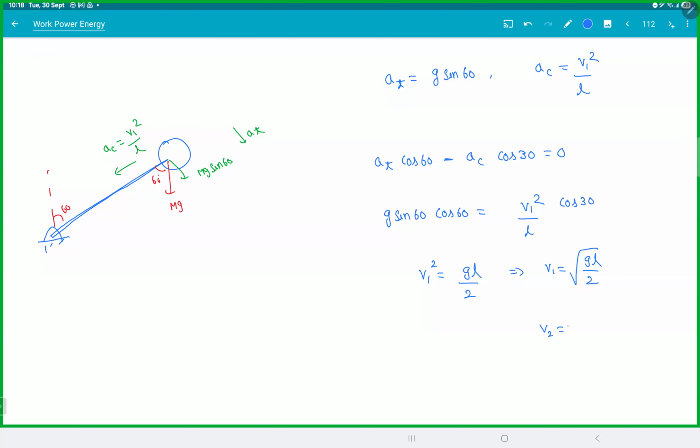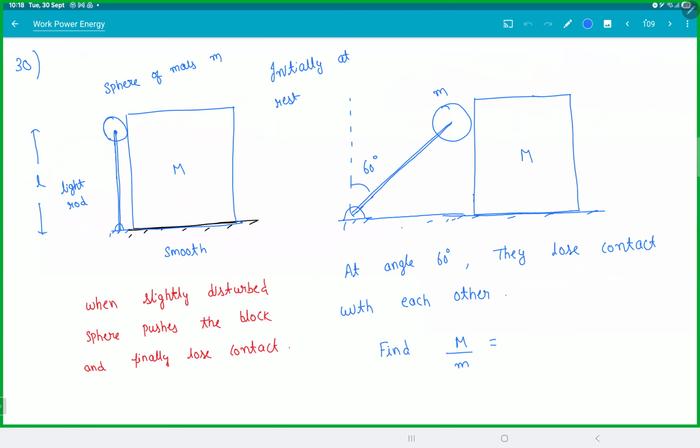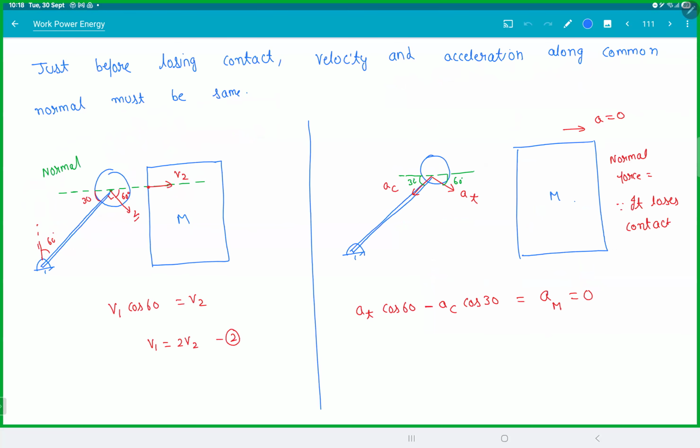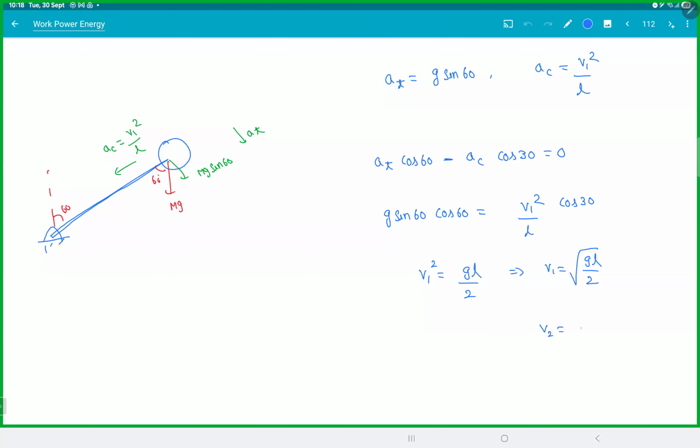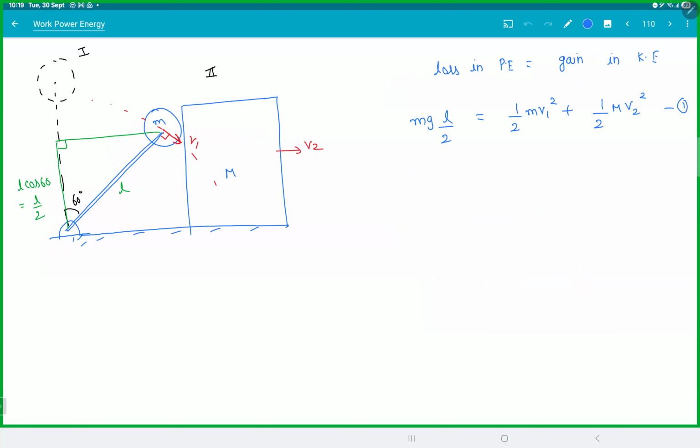And I know V2 is how much? V1 is 2 V2, so V2 is half root GL. Great. Now we got everything here, so we can substitute in this equation. This would be mgL, this would be m V1 square.